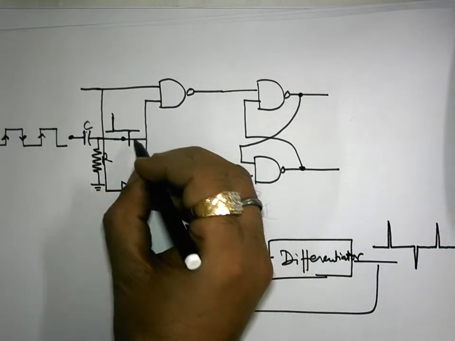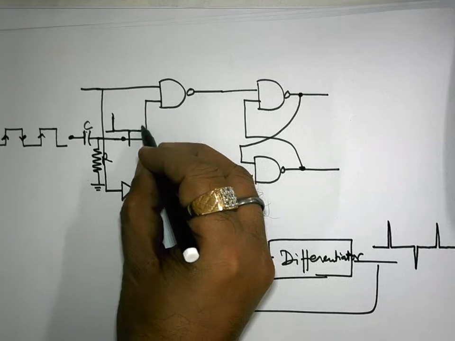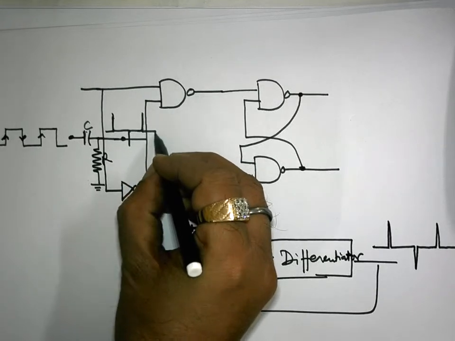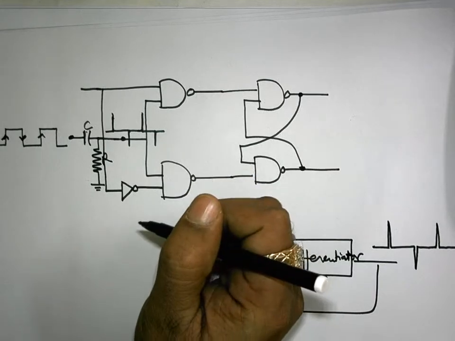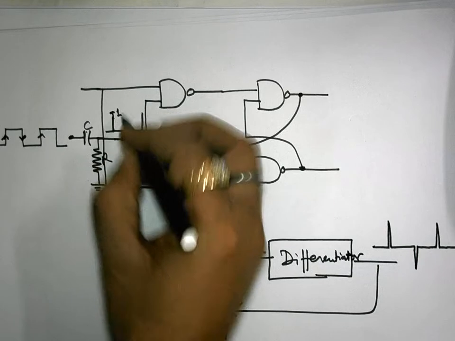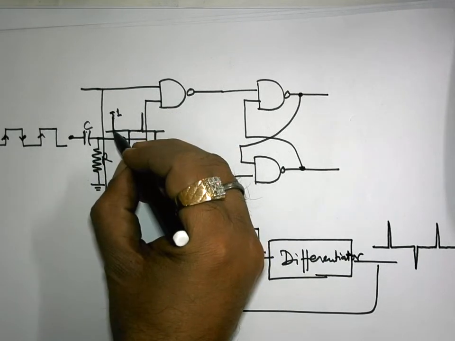So at the rising edge, positive spike, and at the falling edge, negative spike. A positive spike means a value equivalent to 1 for that instant.